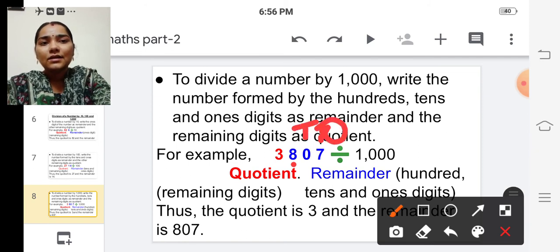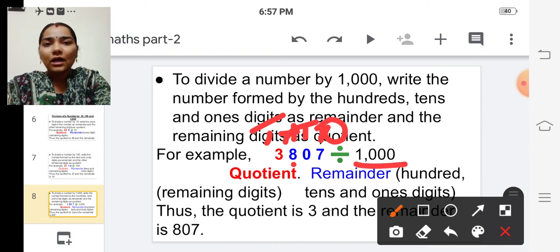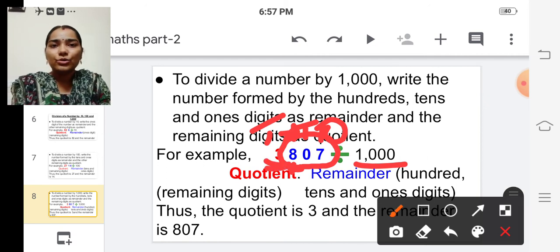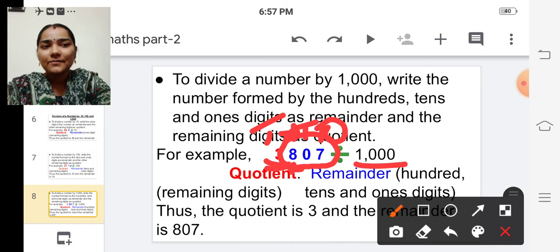Ones, tens, hundreds, thousands. So if the divisor is 1000, the number formed by the hundreds, tens and ones is the remainder. So 807 will be the remainder and 3 is the quotient. Is it clear, children?